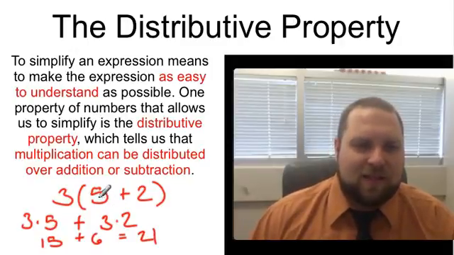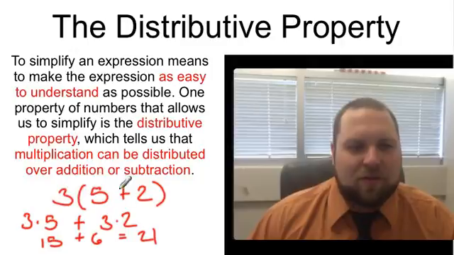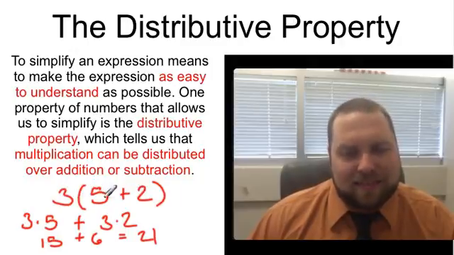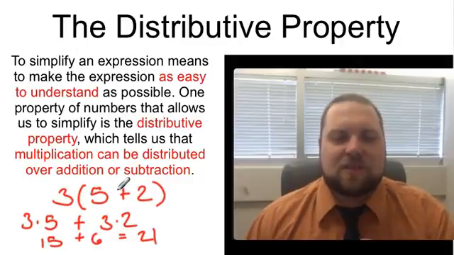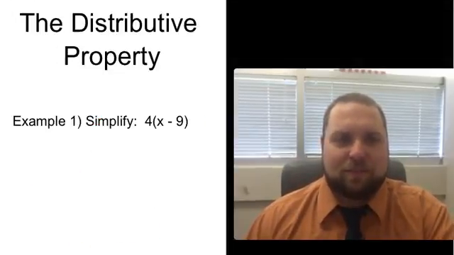Now if I go ahead and add 5 plus 2, that's 7. 3 times 7 is obviously 21. So we can see that when I multiply this way versus adding and then multiplying, I get the same answer. So this distributive property, where I can multiply by each one of those, is actually a tool that we can use to help simplify a problem.